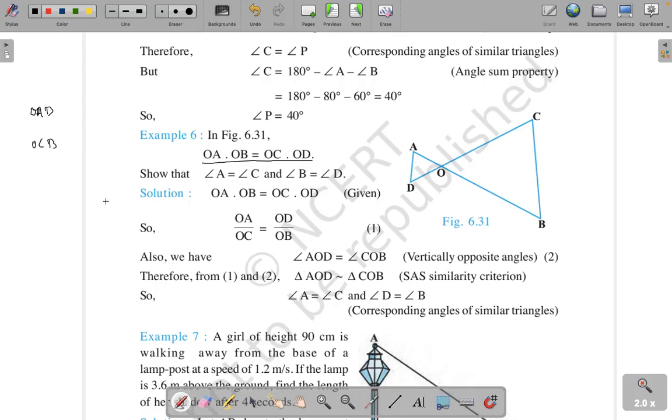So in one side you can take, so you have OA times OB, right? So you can take OA upon OC, right, in one side, and then OD upon OB on the other side.